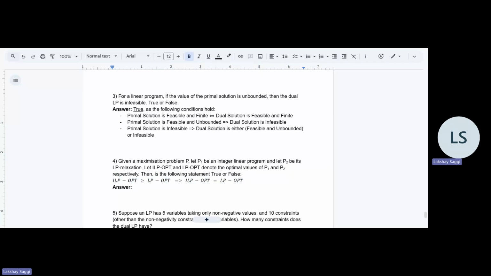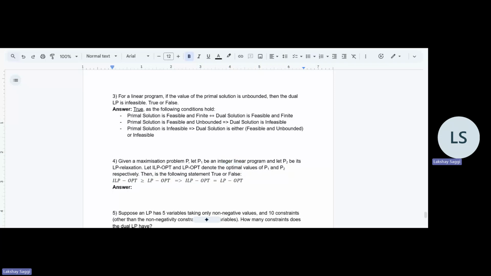Let's just see. We know that the given problem is a maximization problem, P1 is an integer linear program, and P2 is its LP relaxation.